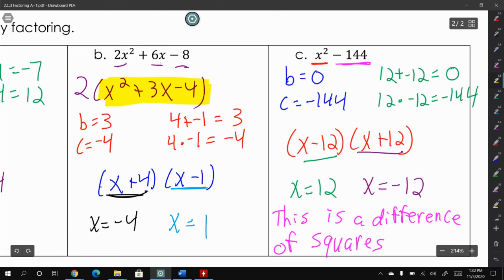And you see your answer down here, we have x minus 12 and x plus 12. So then the square root of 144 is 12. So this is a shortcut you can use if you recognize this a difference of squares, but if you don't, it's okay. Look, we did it without using the difference of squares.